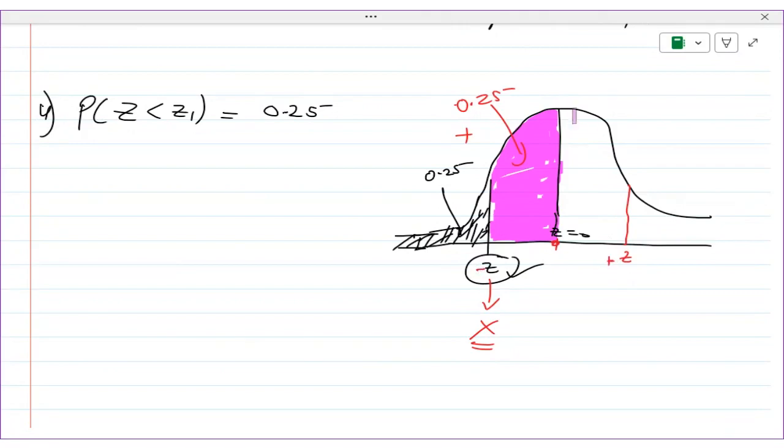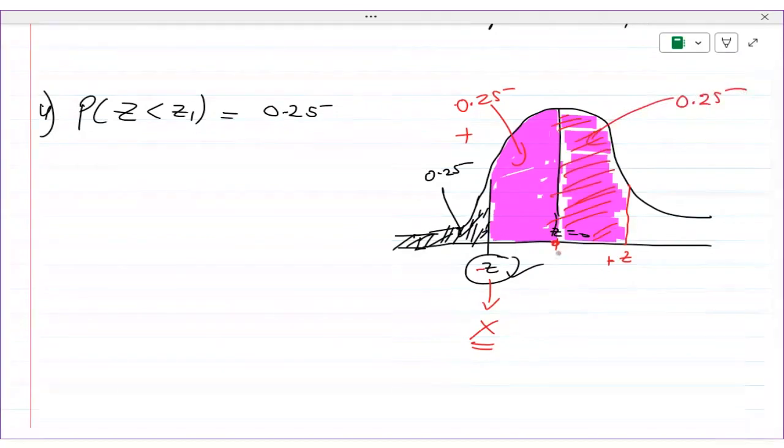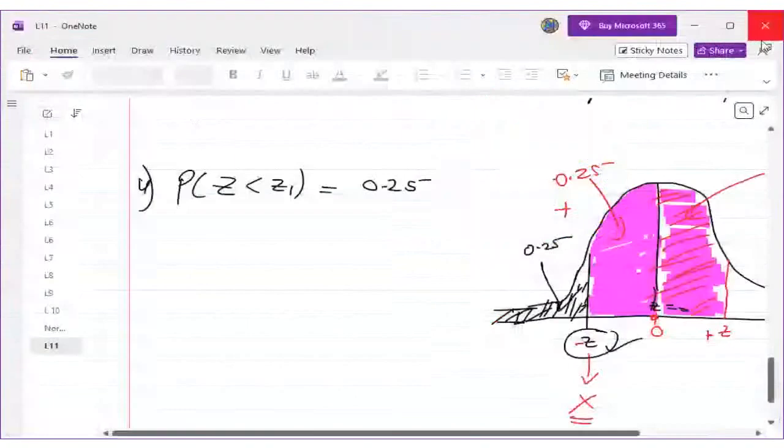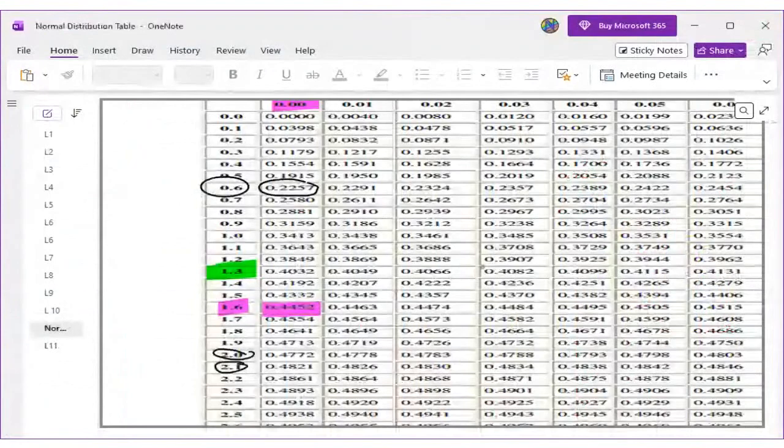If I use the symmetry, this pink area on the right side will also be 0.25. Now from the table I will see for which values of z this area is 0.25.